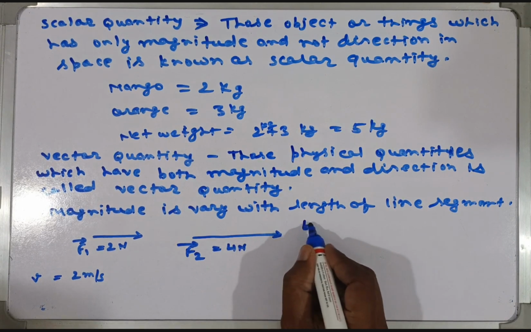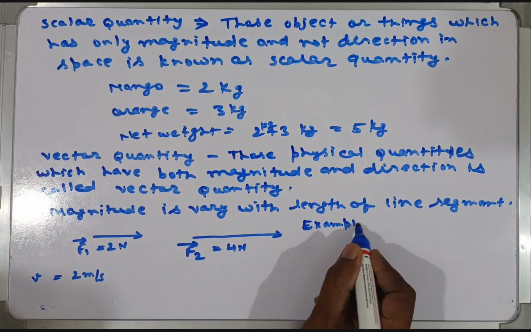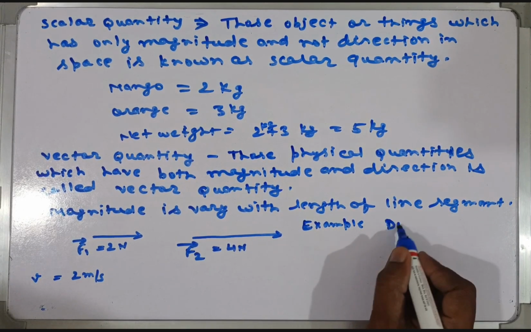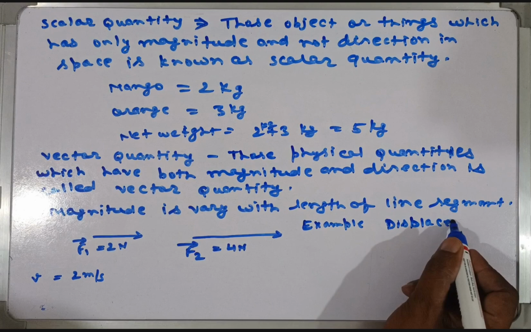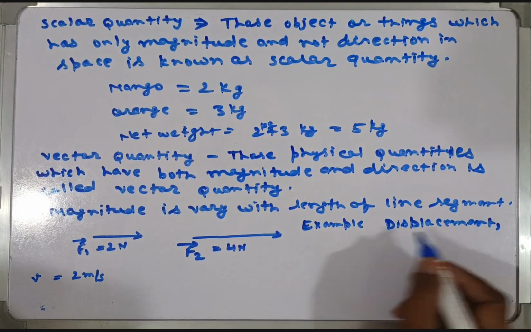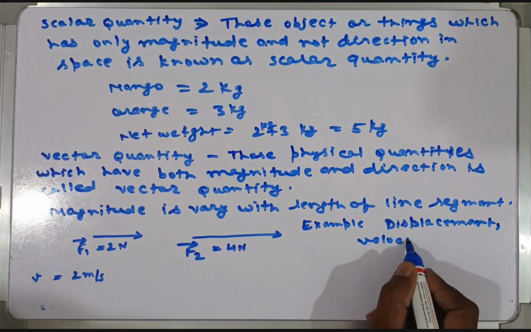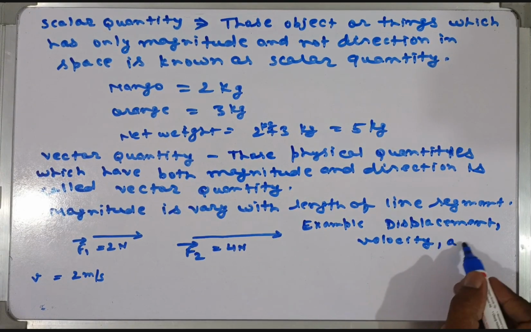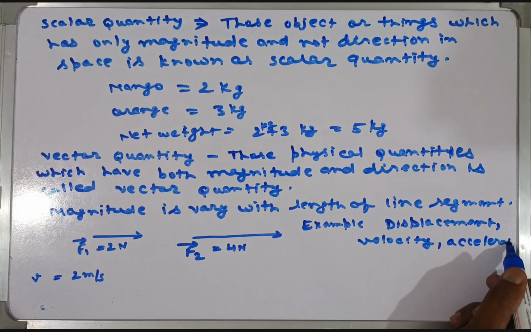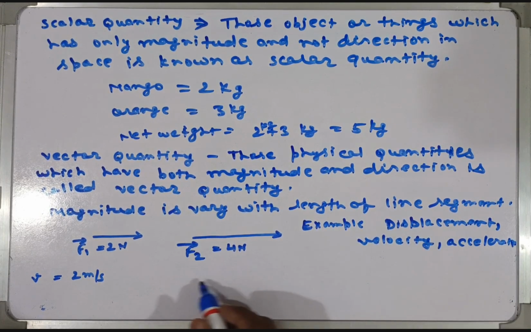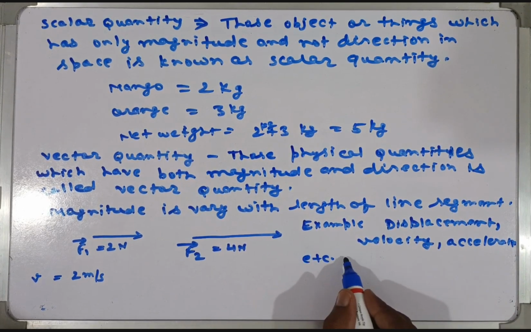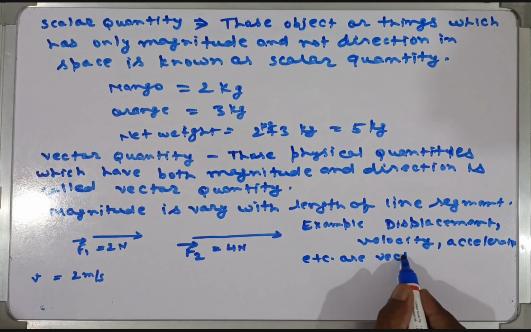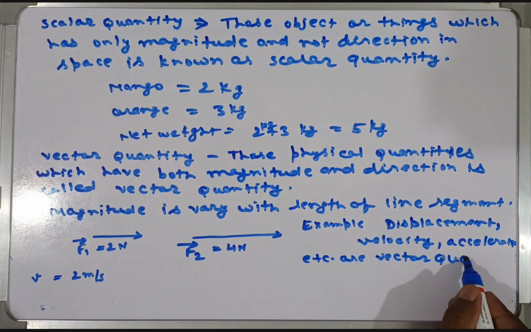So guys, examples here: displacement, then velocity and acceleration, etc. are vector quantities.